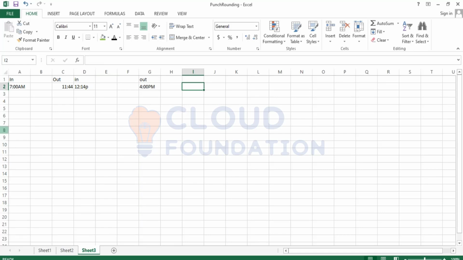Now the same scenario but with a different break, say 11:44 and 12:20 p.m. Here the total break length is 36 minutes.